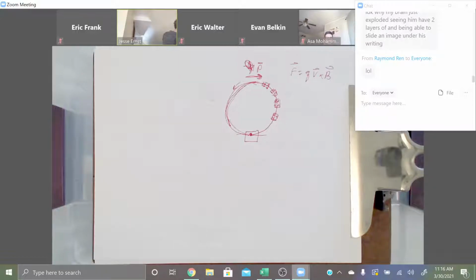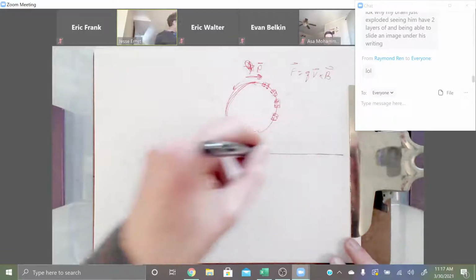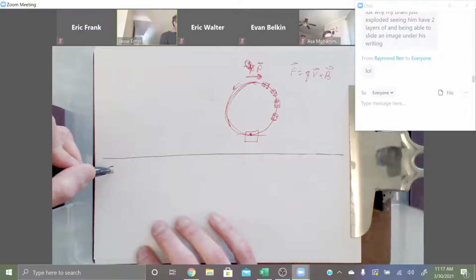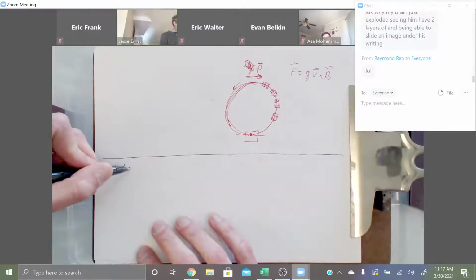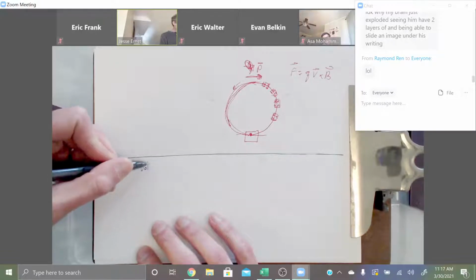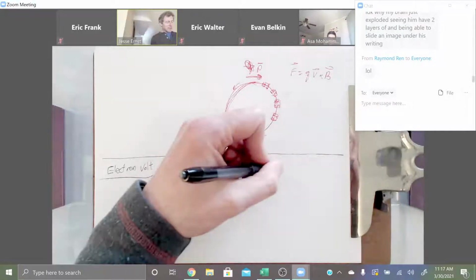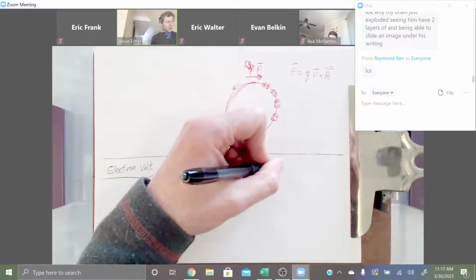Okay, let's do one simple example of this. Actually, before we do this example, we have to talk about a simple unit, the electron volt.